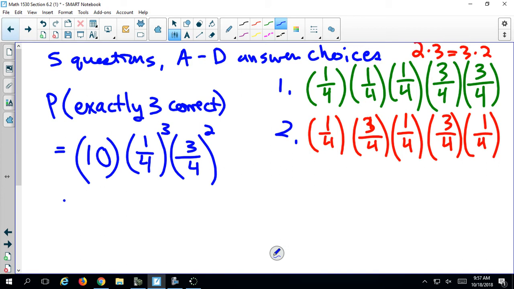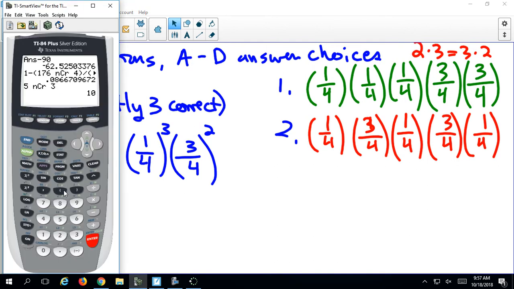So let's see what that is. So 10, I'm going to use 0.25 for 1/4. I'm going to use 0.75 for 3/4. So I get 0.0879.